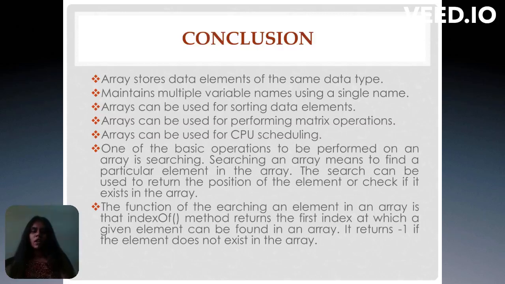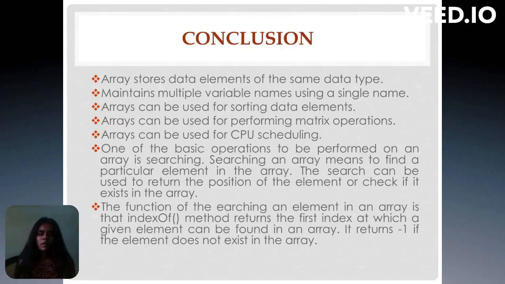We can now conclude that arrays are very useful for searching an element, and they also help us store data elements of the same data type. They help us maintain multiple variables under a single name, and can be used for sorting data elements, performing matrix operations, and CPU scheduling.